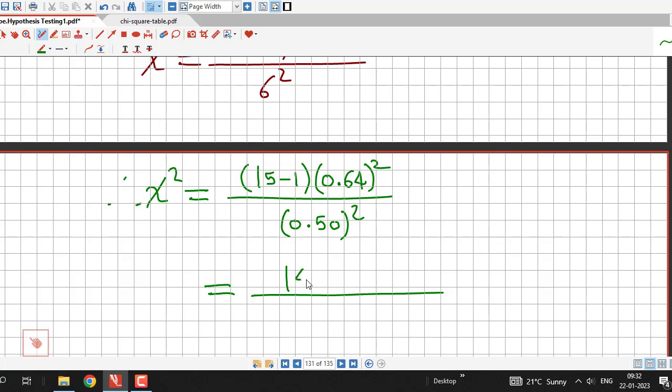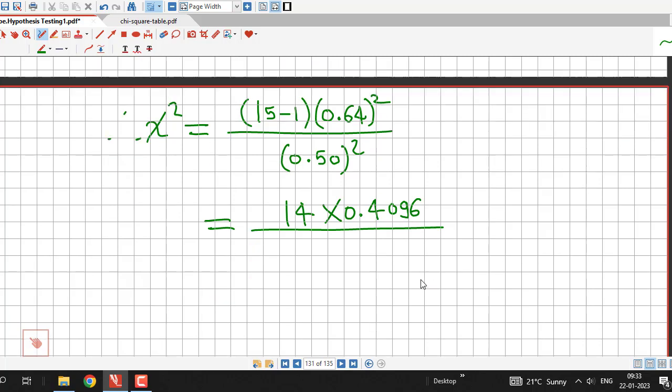So this becomes 14 times square of 0.64, which I calculate as 0.4096 up to 4 decimal places, and as square of 0.5 is 0.25, if we do calculations up to 4 decimal places, this turns out to be 22.9376, and if we round off up to 2 decimal places, this becomes 22.94.